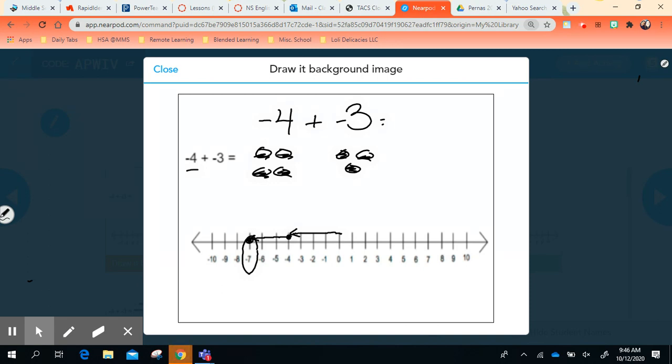No, solo tengo que sumar todos. 1, 2, 3, 4, 5, 6 y 7. 7 negativos. Cuando tienes los dos números negativos, siempre vas a sumar. Cuando tienes los dos números positivos, siempre vas a sumar. La única diferencia es cuando los dos números tienen una señal diferente. Ok, so vamos a intentar un problema más.